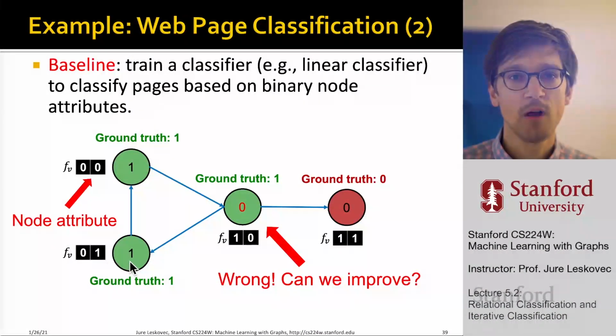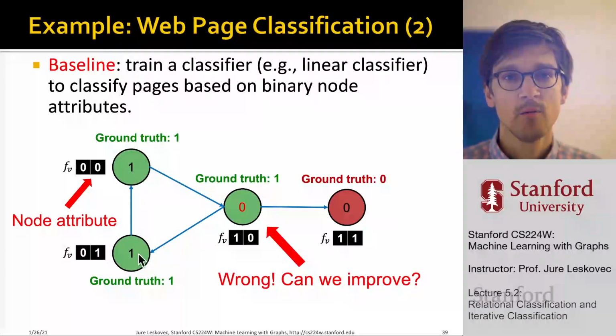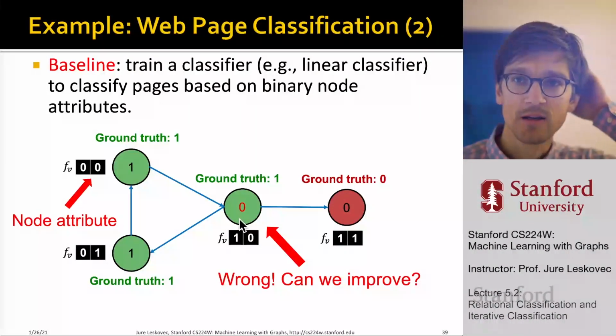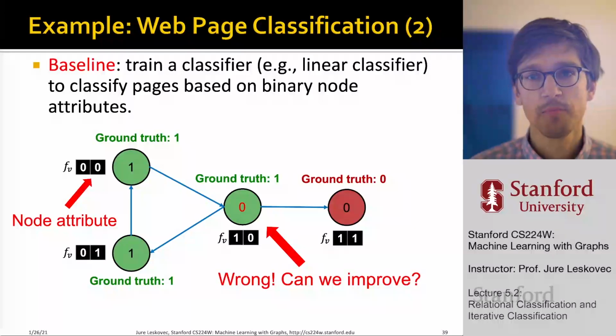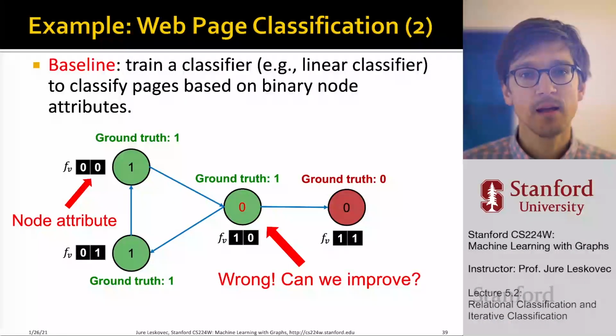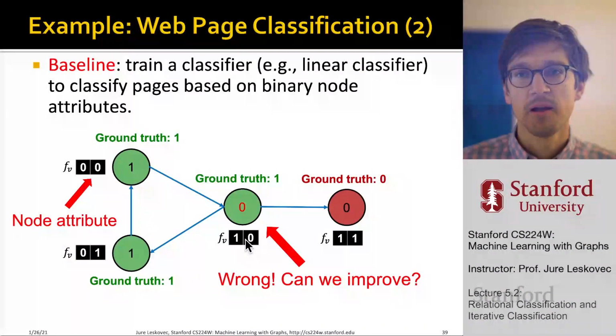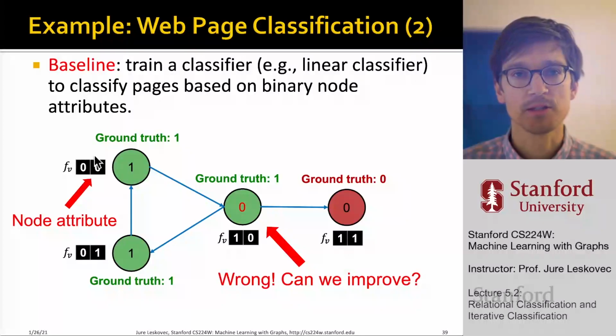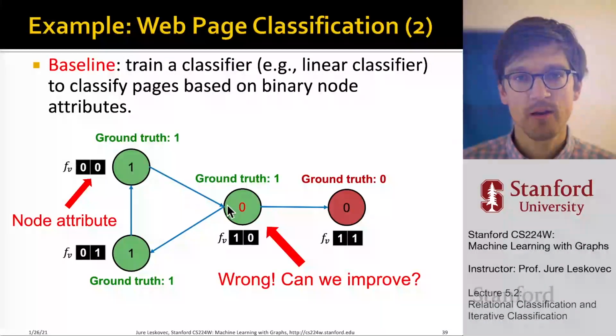The color will denote the ground truth, the real topic of the web page. Then each page also has some feature vector, let's say, describing the words on that page. And let's assume these are the feature vectors of my 4 pages. The pages also have hyperlinks that are directed and point to each other.